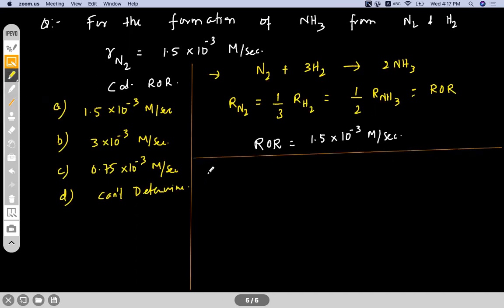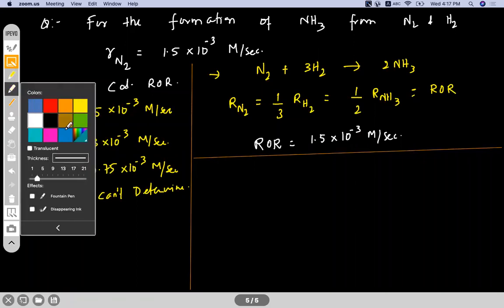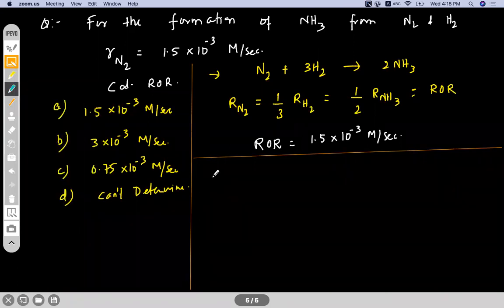Now, suppose I am taking half of N2 plus 3 by 2 of H2 gives NH3. Suppose this reaction is there. So if I write down the expression, it will be 2 times R of N2, correct me if I'm wrong, in case of a calculation mistake.